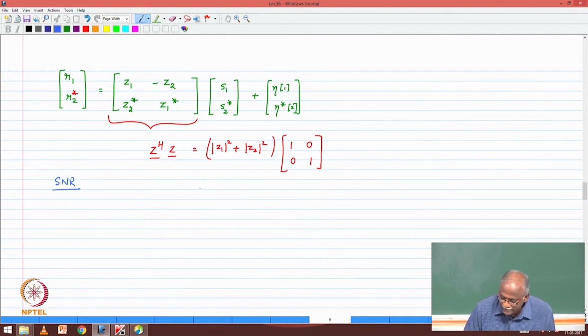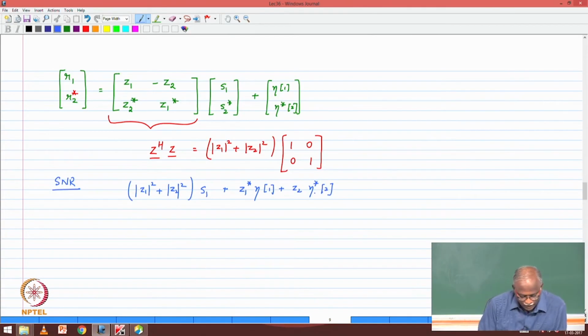What we have is mod Z1 squared plus mod Z2 squared times S1 plus Z1 star eta of 1 plus Z2 eta conjugate of 2.